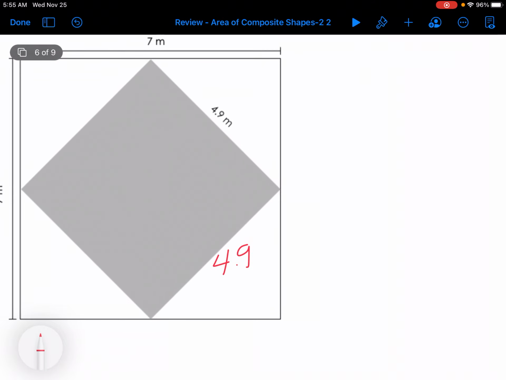So I'm going to do 4.9 times 4.9 to find the area of my shaded region. I don't even have to worry about what's on the other sides. I get 24.01. It's going to be meters squared.